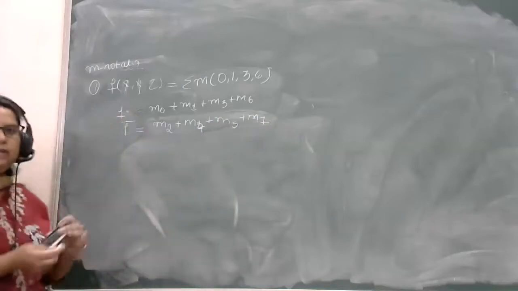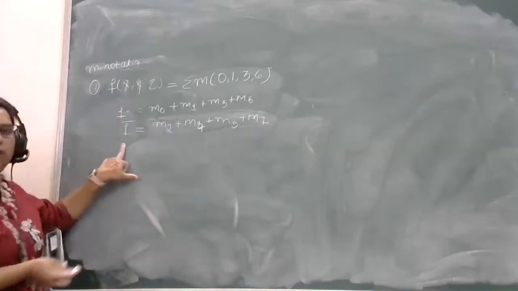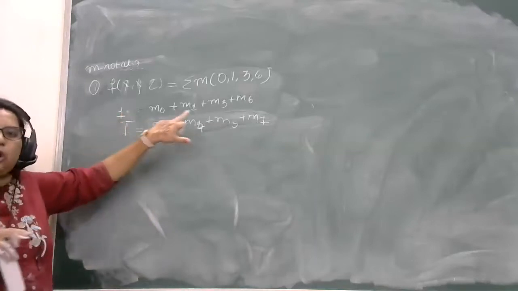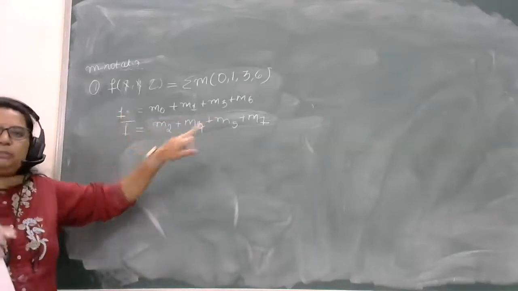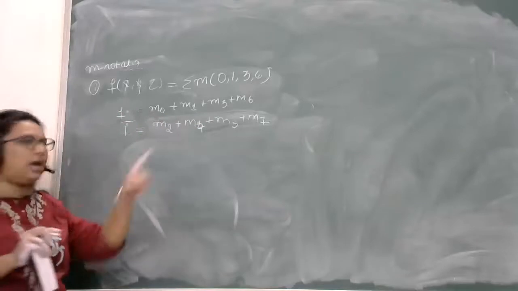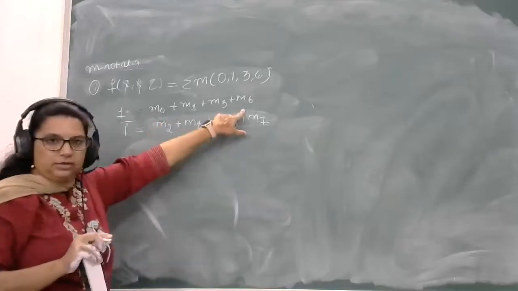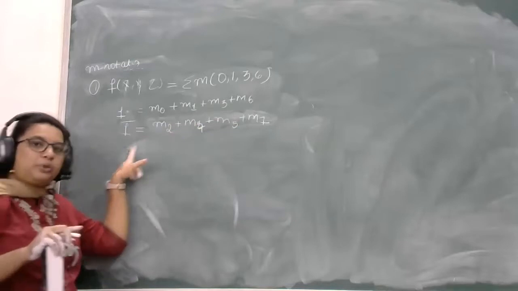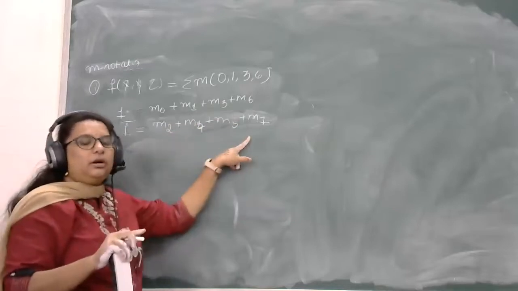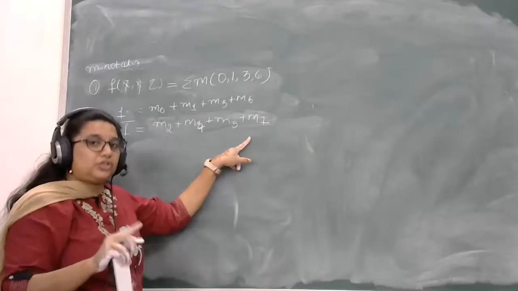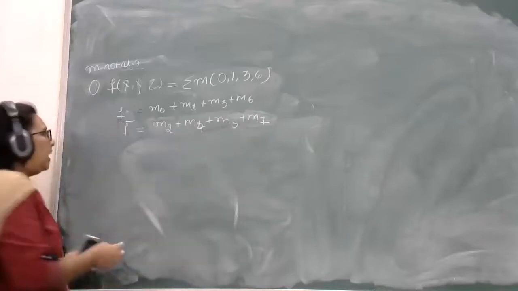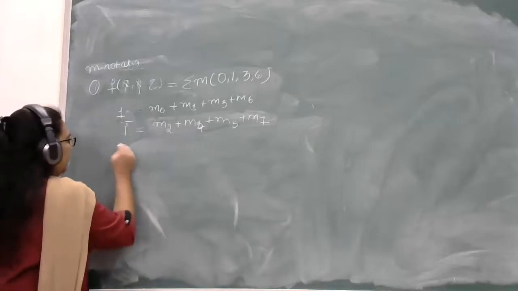Be careful here about what I am writing. F bar is the complement of F. For F, I have written the input combinations for which the output is high. In the complement function, I have written the input combinations for which my function is 0. Now I will take a complement again.